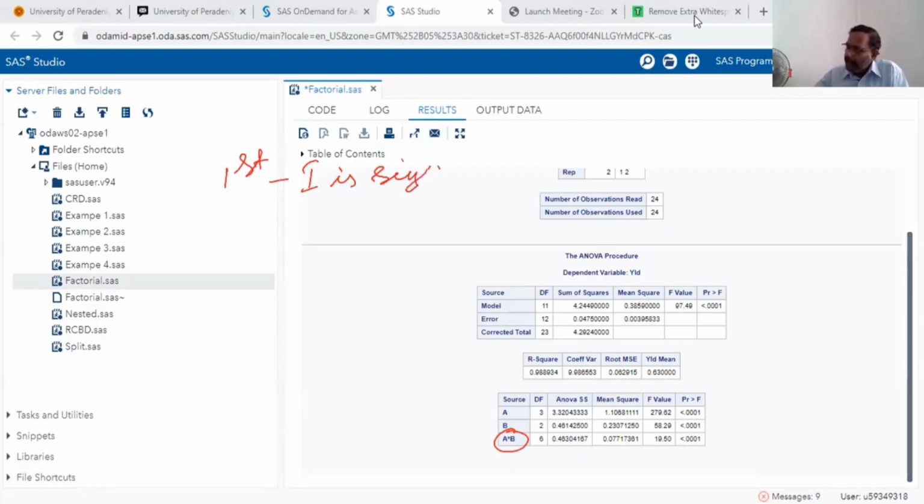If the interaction is significant, write down your notes: if the interaction is significant, then we don't look at main effects. We don't look at main effects if the interaction is significant. Suppose if the interaction is not significant, yes.